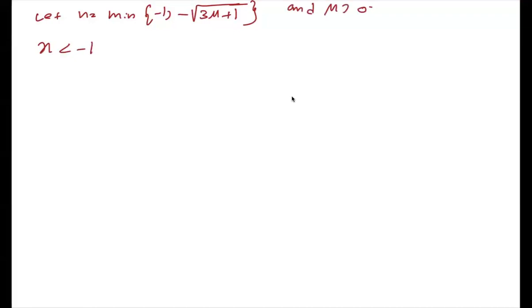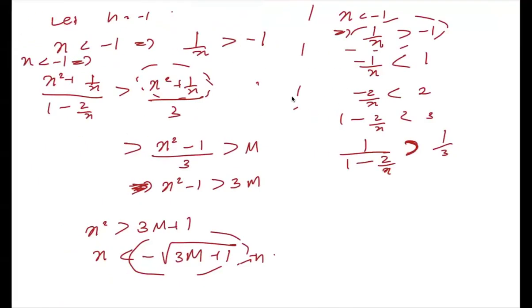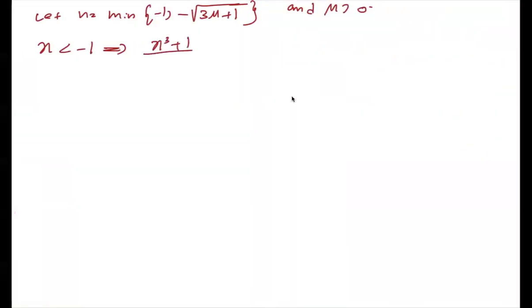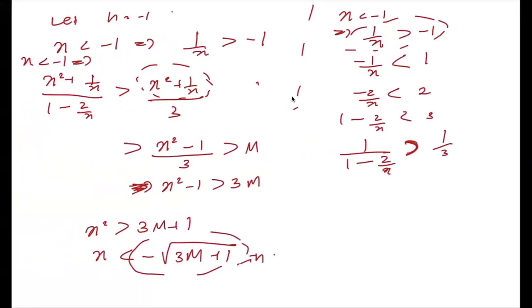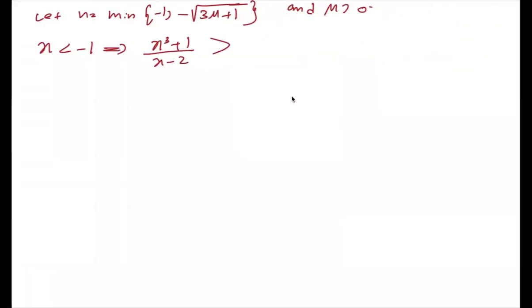Then x less than n implies your function, this one, x cubed plus 1 divided by x minus 2, is greater than x squared minus 1 divided by 3. And I can also write n less than or equal to minus 1.